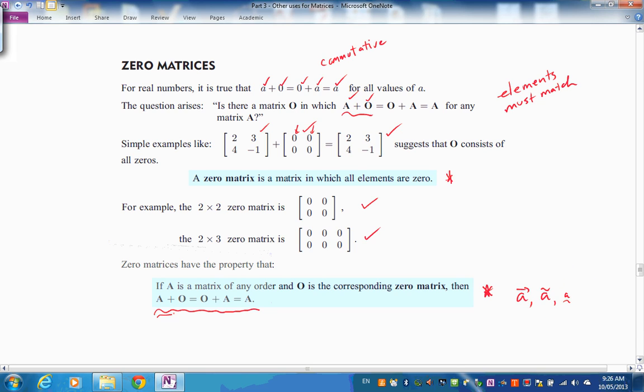So here they're using capitals and bold to indicate matrices. So when you see that, it's not 0, it's a 0 matrix. Okay. All right, let's go down and have a look at some more then.